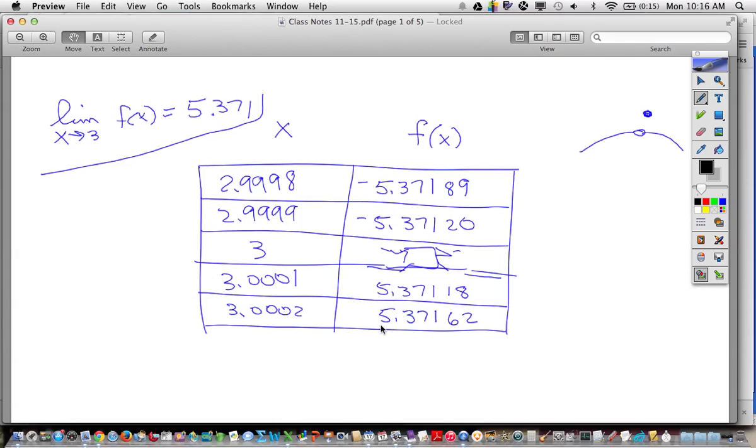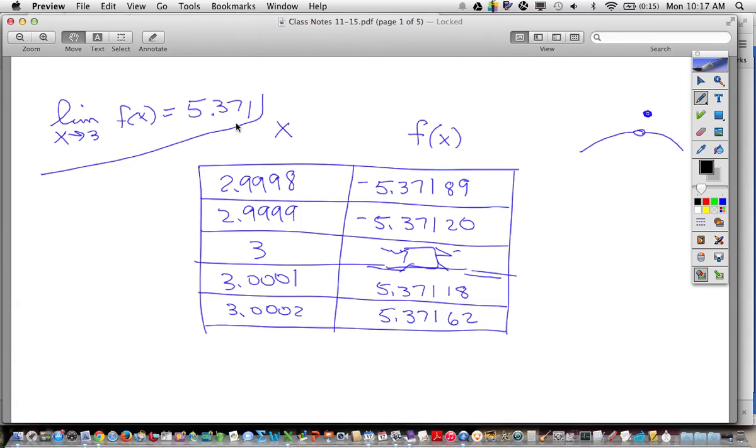If you saw a table like this, what are you going to say? Does not exist, right? Because from the left of 3, we're getting these y values at negative 5.37, and to the right, they're positive, and so they're not coming in and approaching. The cars are not meeting, and so that would be does not exist. If these were positive here, then obviously there's our limit, 5.371.